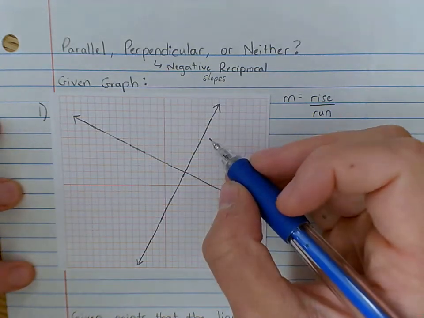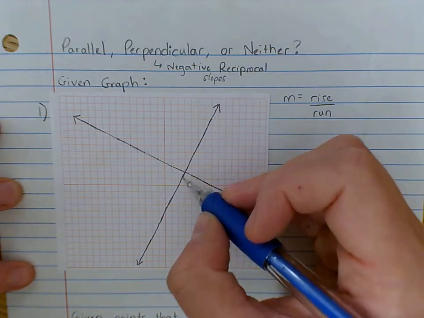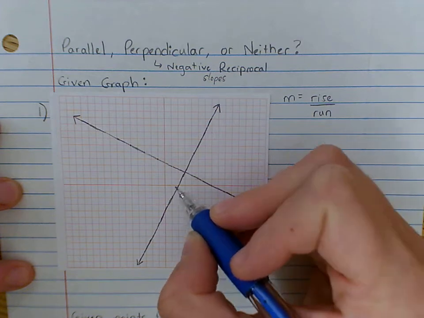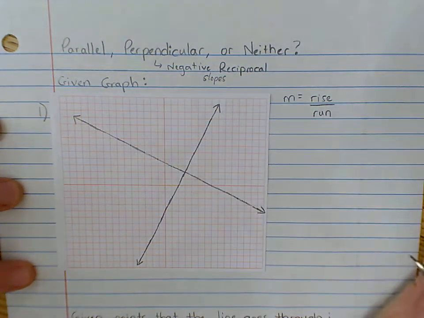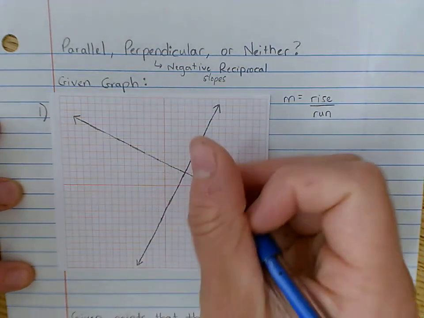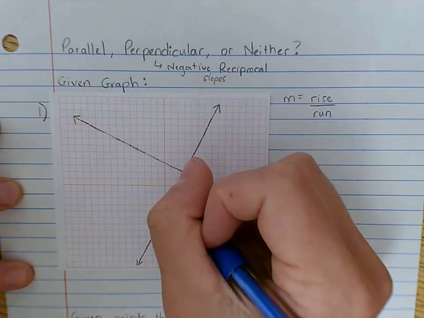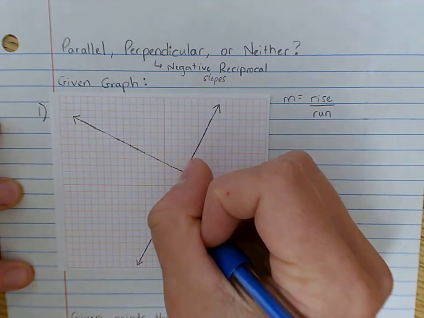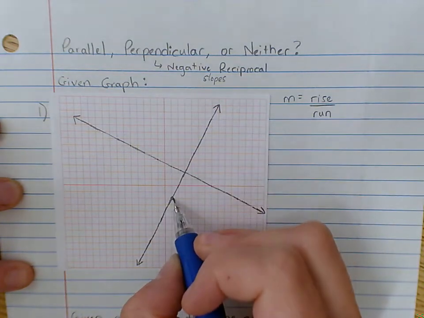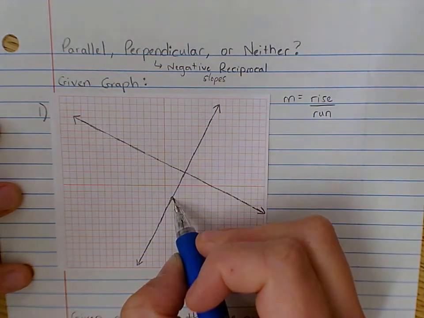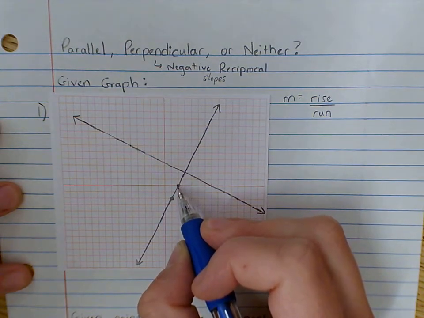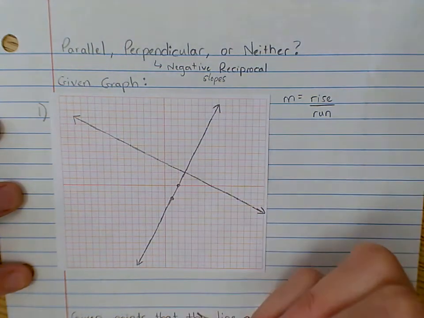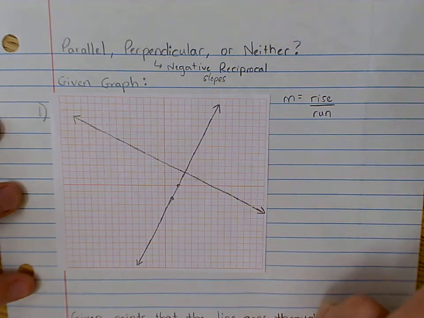I'm going to pick points that are on the crosshairs of my graph, so that I can easily see the rise and the run. It could be any 2 points that are on the line. There's a point right here where that line crosses, so I'm going to choose that point right there. And then this point right here also crosses at the crosshairs of the graph, and I'm going to use those 2 points to find the slope of my line.